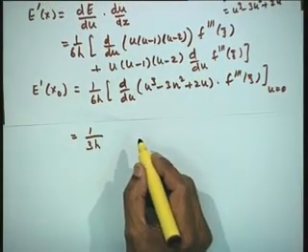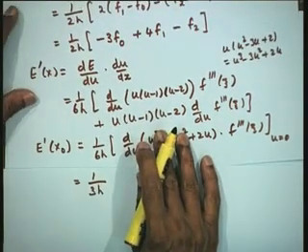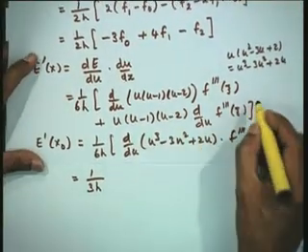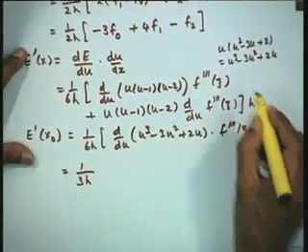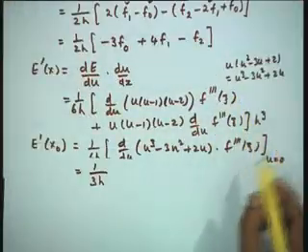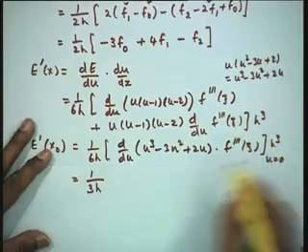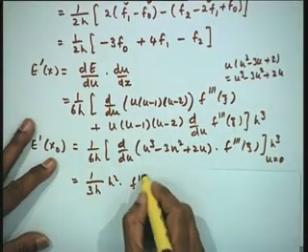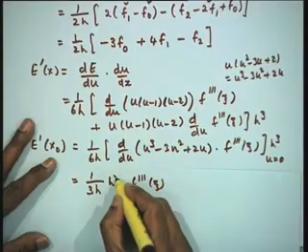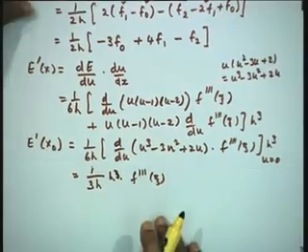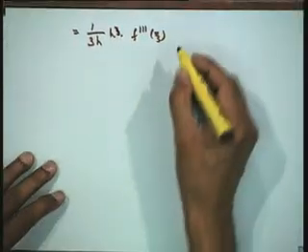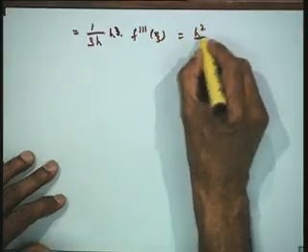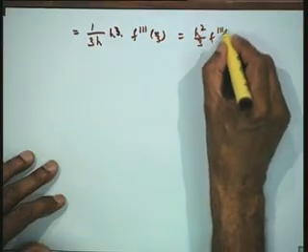We have an h cubed also here. So, I write it outside, h cubed into f triple dash of xi. Therefore, this is equal to h squared by 3 f triple dash of xi.